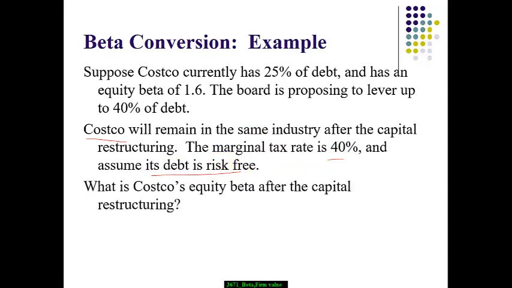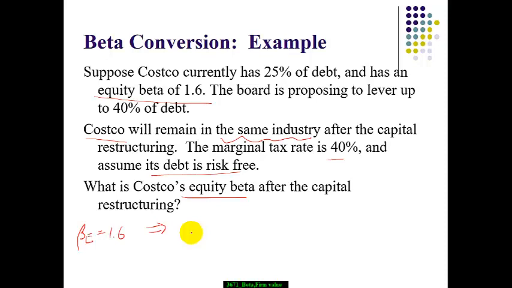So how do we find the equity beta after the company changes its leverage? This is equity beta 1.6, right? To get the equity beta after the capital restructuring, first we want to figure out how to get there. Remember, the underlying business risk is the same.